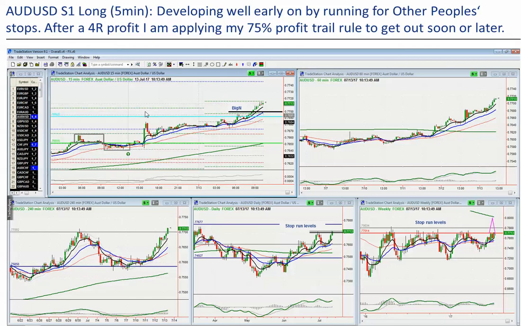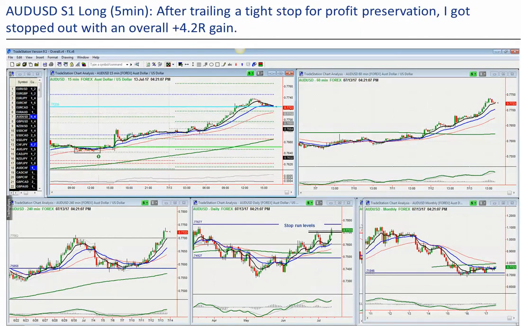So now, as I've gained a nice R winner, I'm trailing my stop relatively tightly, that's the blue line, and I'm ready to get out sooner rather than later. That's my profit preservation stop. And that occurs right here once the price closes below the 21.